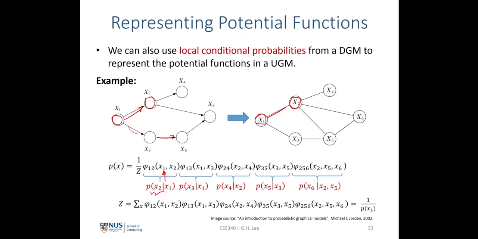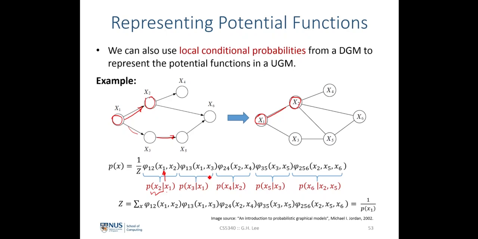But notice that in this case, the conversion does not guarantee the preservation of the conditional independences. In fact, some might be lost and some new ones might arise. And here, we'll do this for every local conditional probability to convert it into the local potential functions.